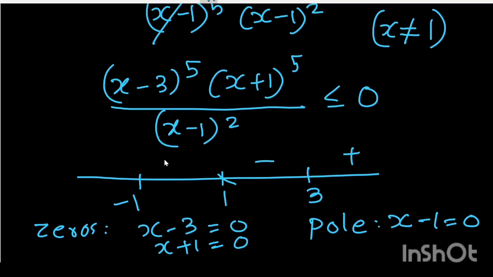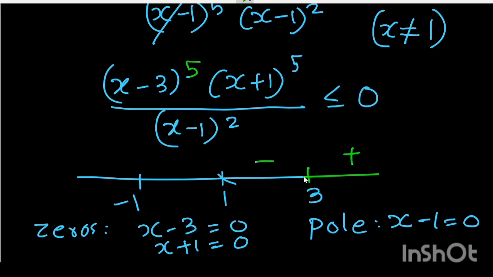Plus, minus. Now at 1, the power is even. At 3, the power was odd. While moving towards the left at 3, the power of 3 was 5. It was odd, so therefore plus became minus.